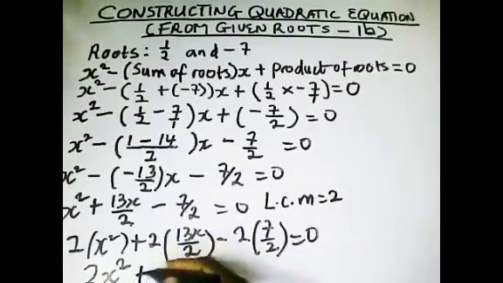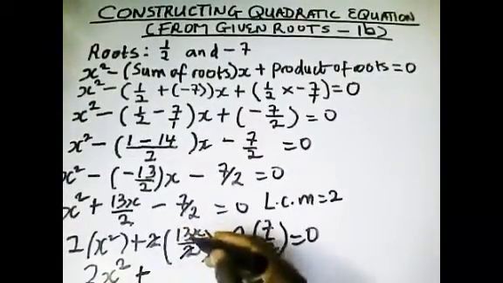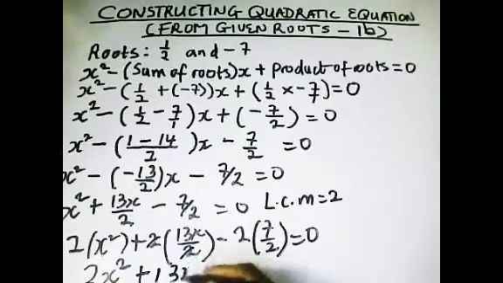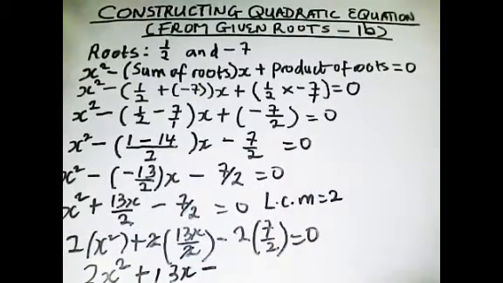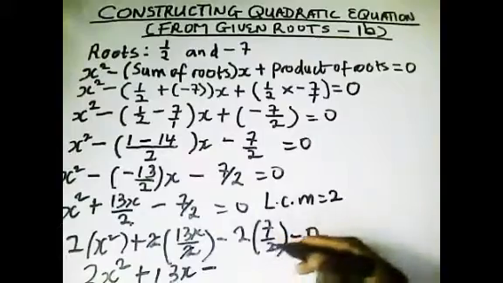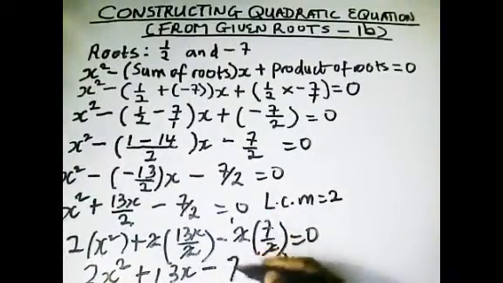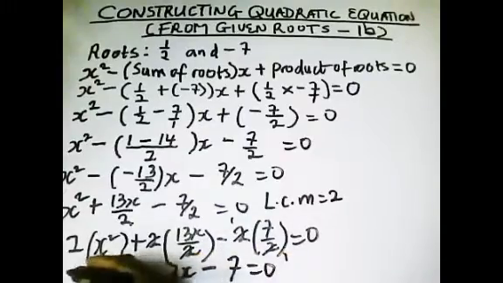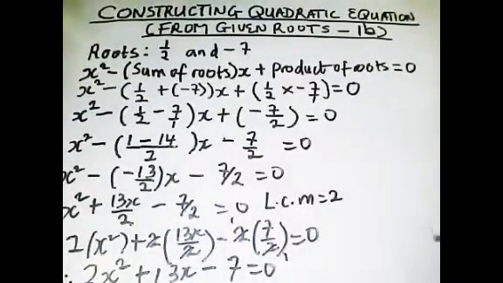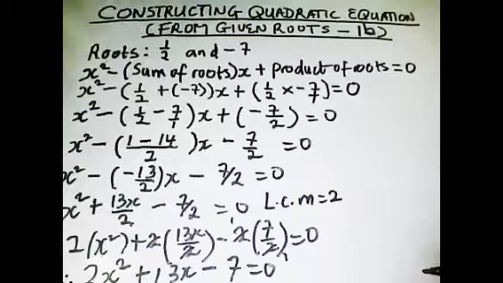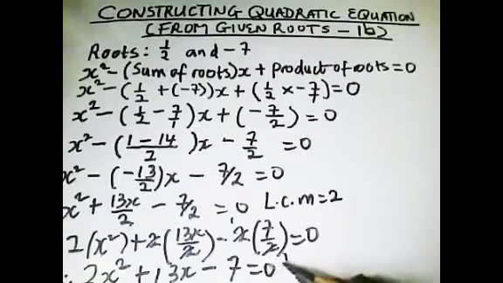Then plus, we cancel these two, leaving you with 13x, then minus, we cancel these two here, and that will give us 7. So our final answer for this problem is 2x squared plus 13x minus 7 equals 0. So that is the answer to this question.